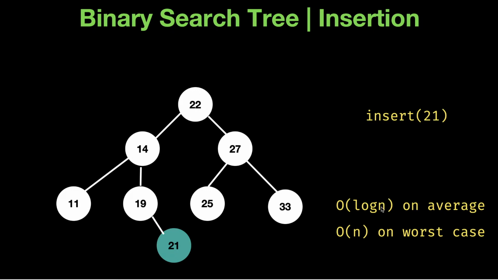Now if we see clearly, this algorithm is also O(log n) on average, because in the average case, if the tree is balanced, then you are just dividing the problem into two halves, and you are going for O(log n) complexity. And in the worst case, again it is O(n), because if the tree is not balanced and is kind of linear, then you will have to traverse through all of the nodes to reach the end of the tail of the tree.